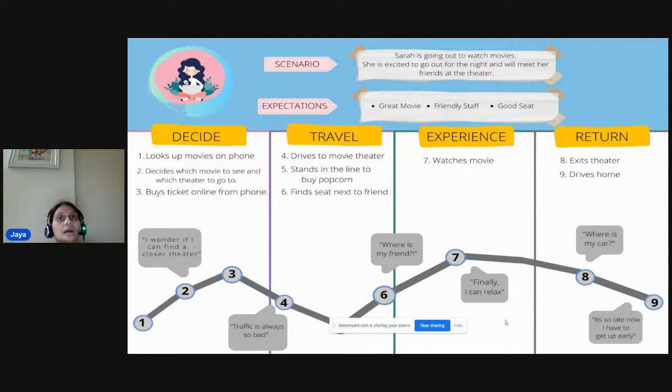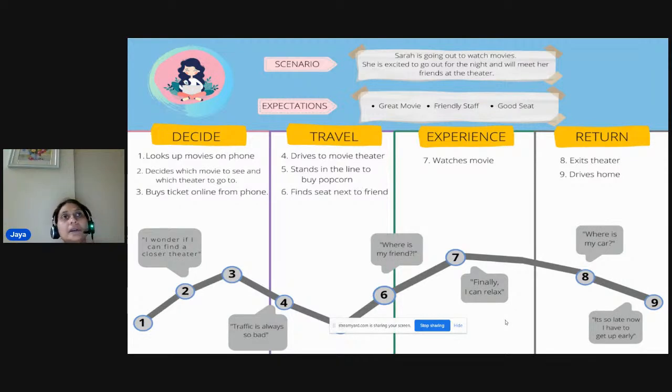Why? Because a person watching a movie should always see that it is near their home and convenient to travel to. Second, they can buy the ticket online.